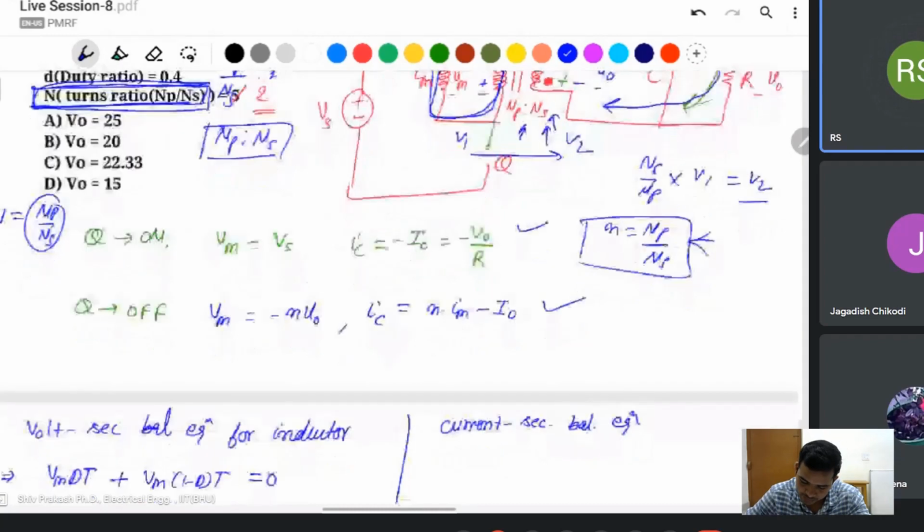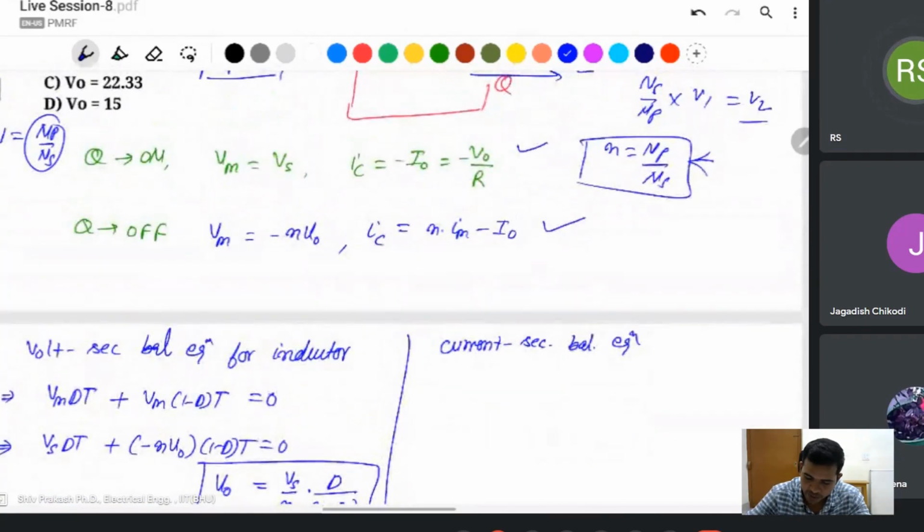Same thing we apply for the current balance equation, like a charge balance equation: IC into dt plus IC into 1 minus d, t is equal to 0.